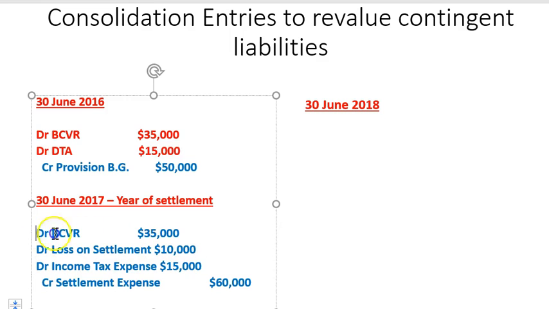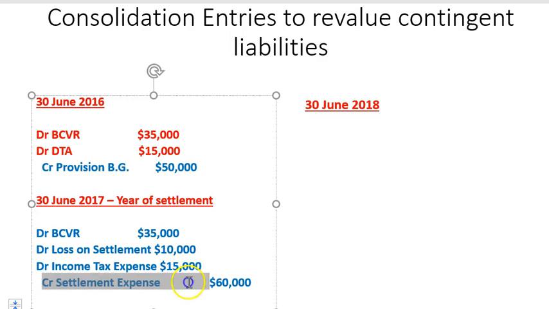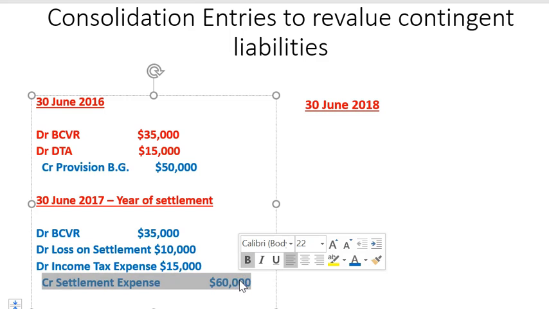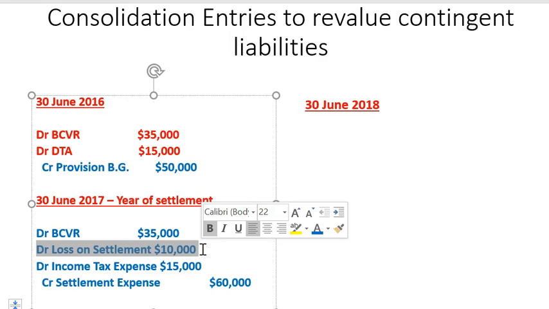So I like to associate them with the original increase in the liability. That's nice and easy. And then you'll always be offsetting the settlement expense from the subsidiary. But then you'll either debit if there's a loss on settlement to make sure that you recognize that $10,000 loss, or you'll credit if there's a gain on settlement to recognize that gain.